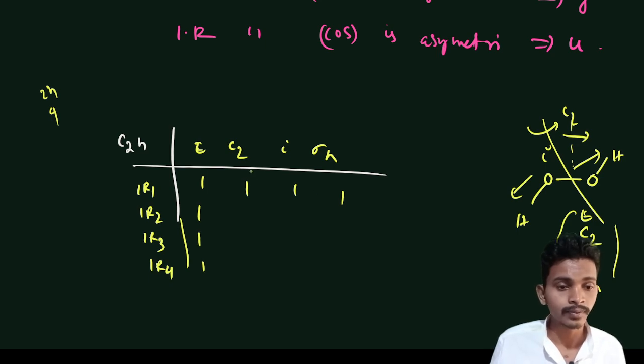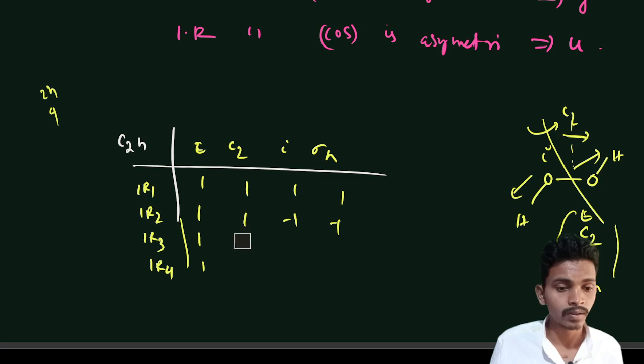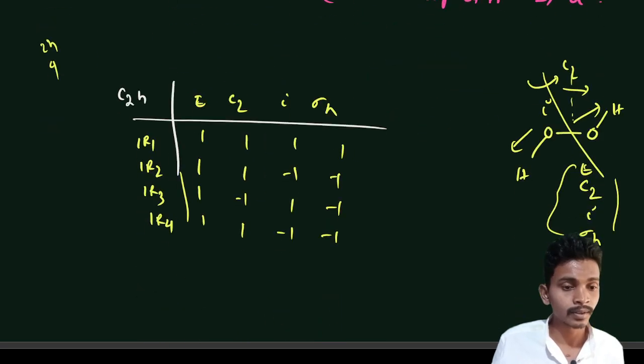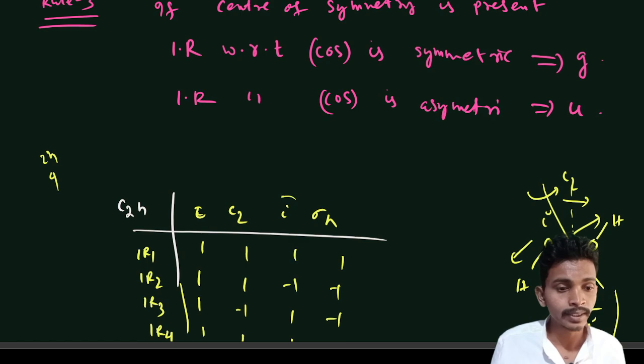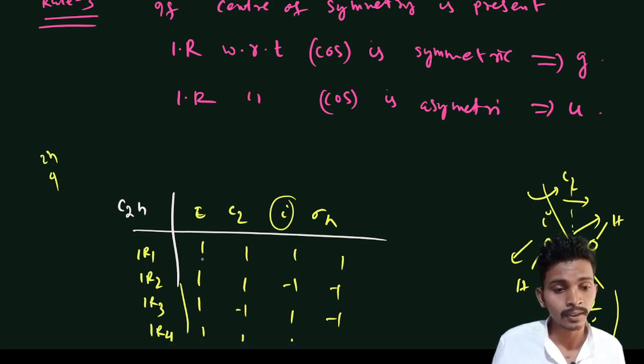Okay, now the principal axis is C2, so here the same characters will come, because the order has to be 4, so I can write 1, minus 1, minus 1, I can write 1, minus 1, 1, minus 1, I can write 1, minus 1, minus 1. Okay, so same as that, and here I is there. Okay, so first thing is that if E is 1, then A or B only come.